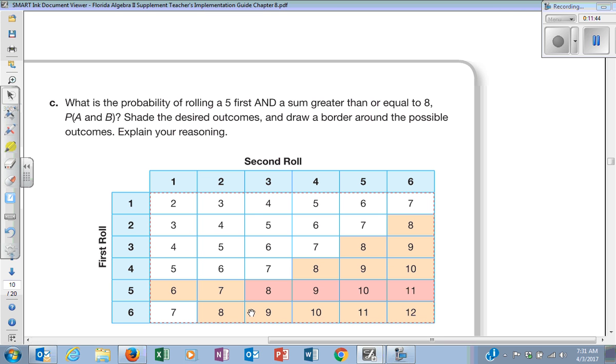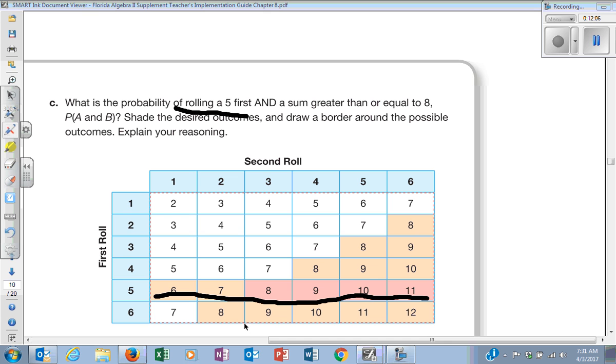Remember this? So why is this box colored in? Why are the 6 and the 7 colored in? Because my first thing is rolling a 5 first. So that would be this one, right? Does everybody understand what I'm showing you?